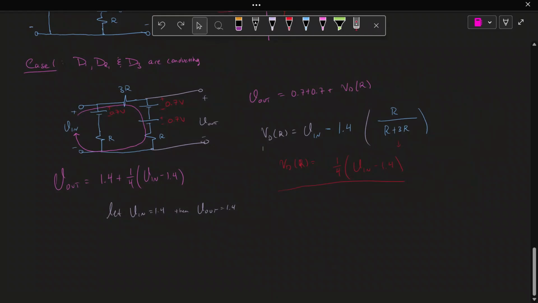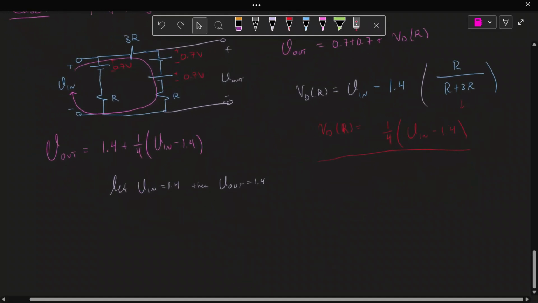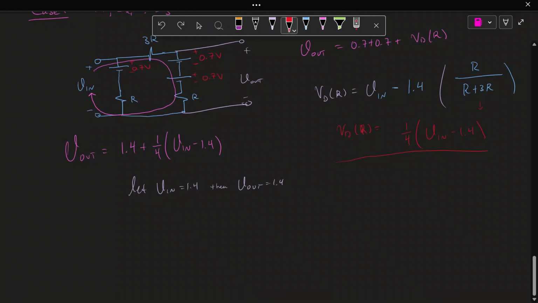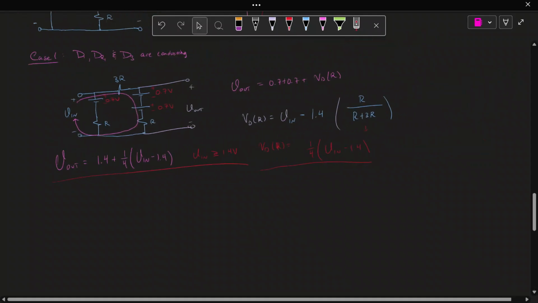So this will be 0.7. So V in must be at least 1.4 for these diodes to be conducting, and for this equation V out will stay the same. So this equation is true when V in is greater than or equal to 1.4 volts. So this is how you get your first part of the equation.